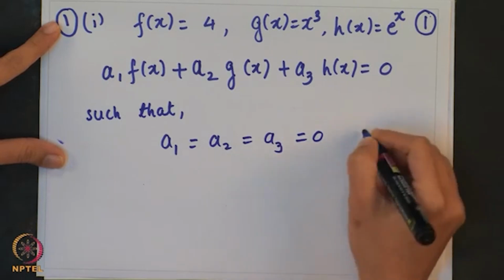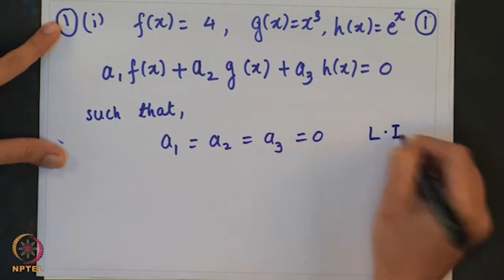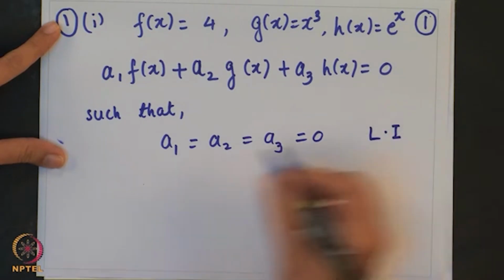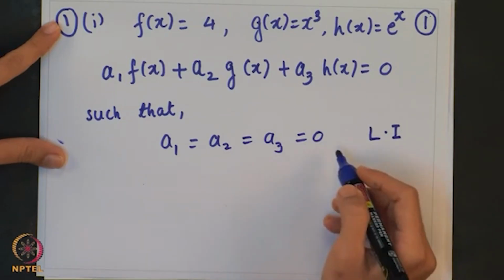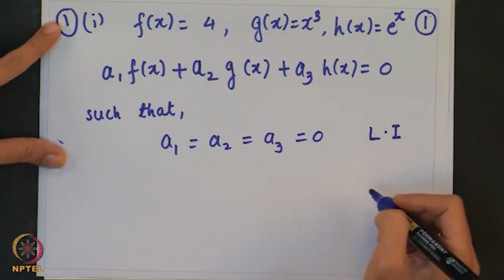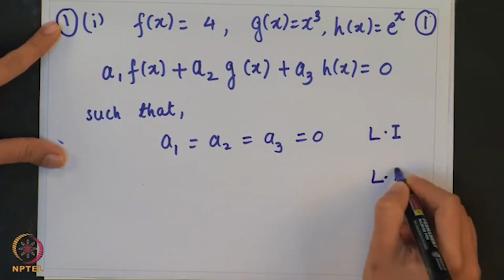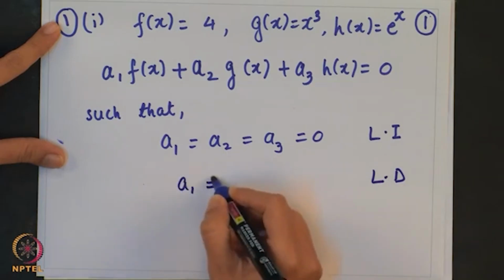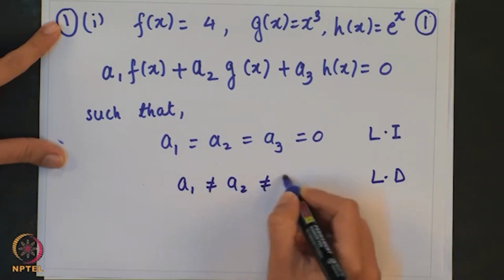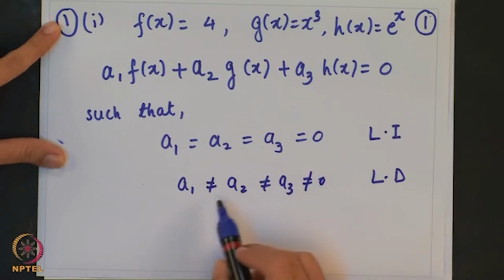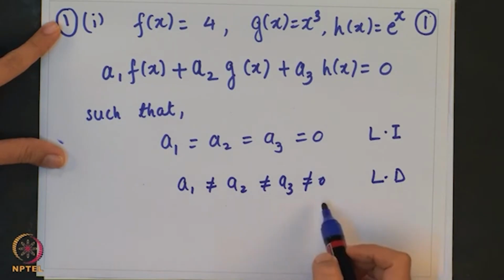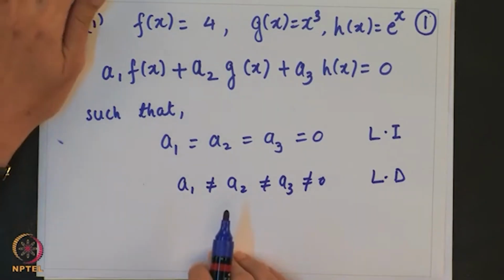Then we call this set linearly independent. If a1, a2 and a3 are not equal to 0, that is, a1 is not equal to 0, a2 is not equal to 0 and a3 is not equal to 0, then this set of functions is linearly dependent.